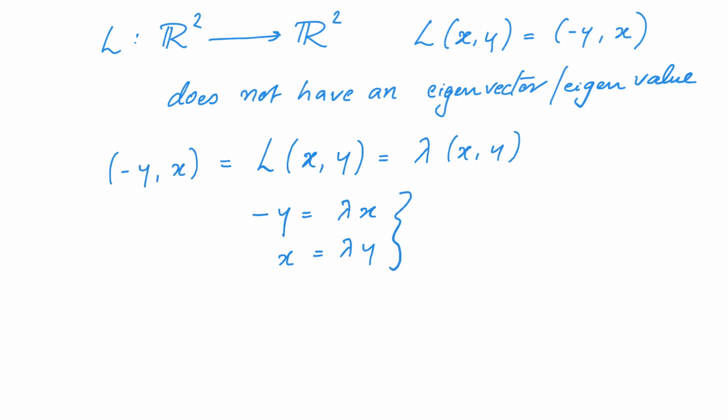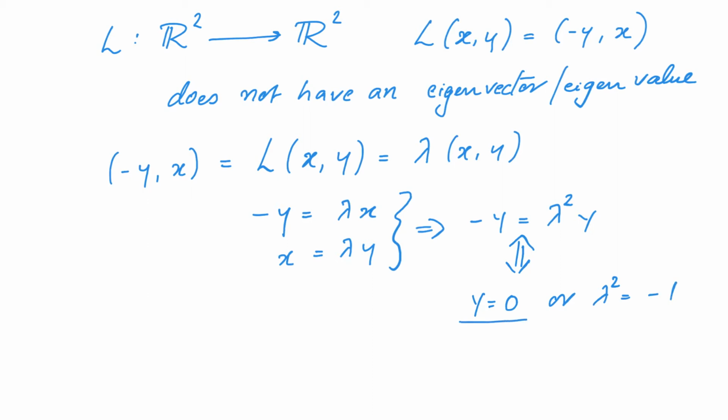Therefore, if you substitute the second equation in the first equation, we will get minus y is equal to lambda square times y. And this will hold if and only if either y is equal to 0 or lambda square is equal to minus 1.